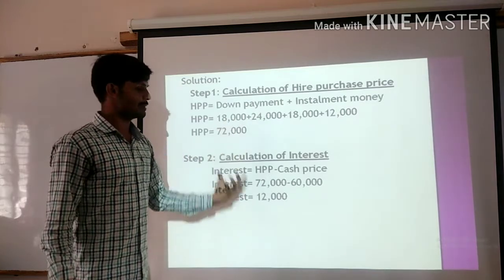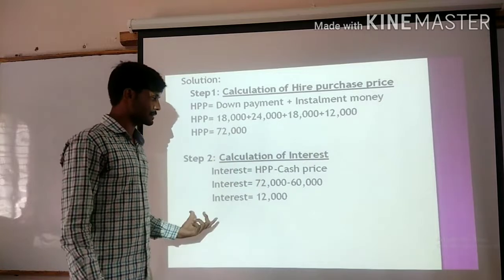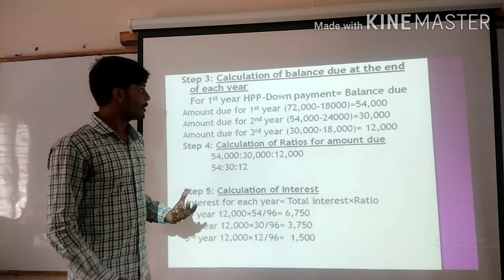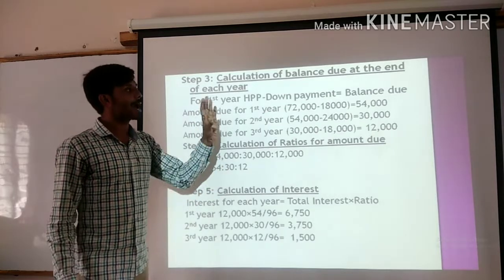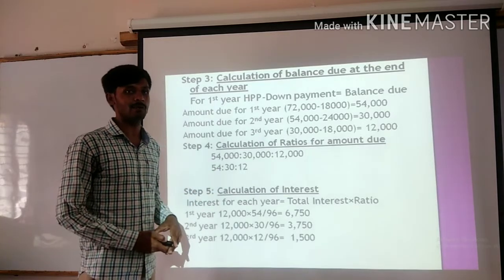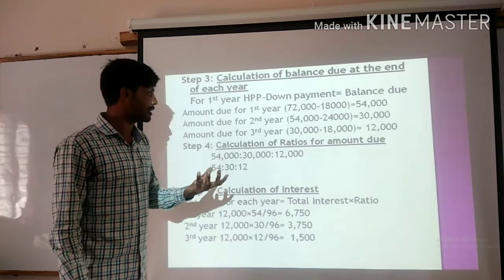Okay, first and the second step. In the first step, we will calculate the hire purchase price. In the second step, we will calculate the interest. Next step, we just need to calculate balance due at the end of each year. While calculating it, very important thing, we need to take certain care here.